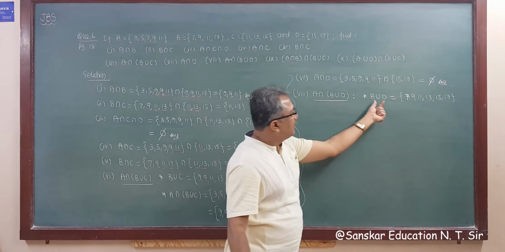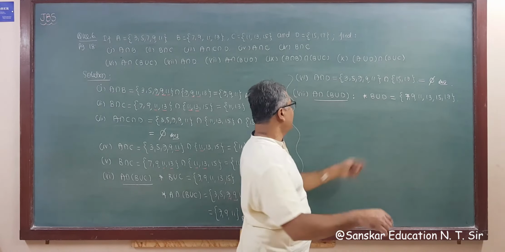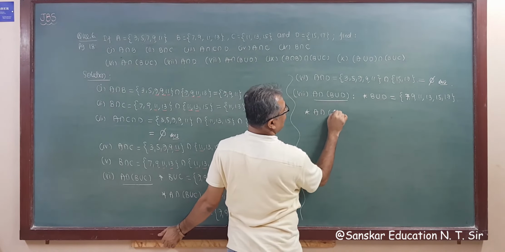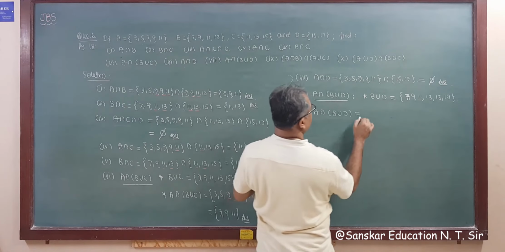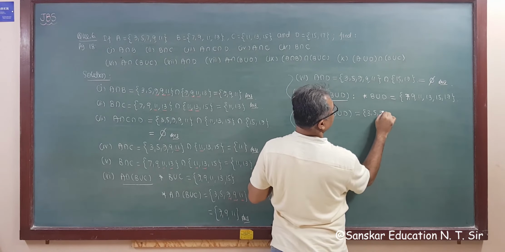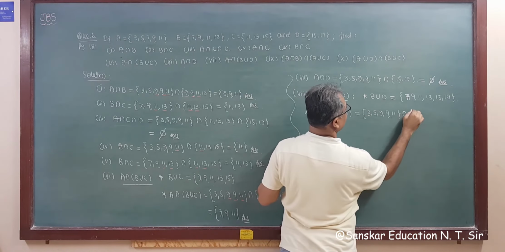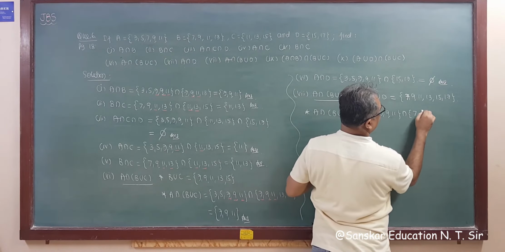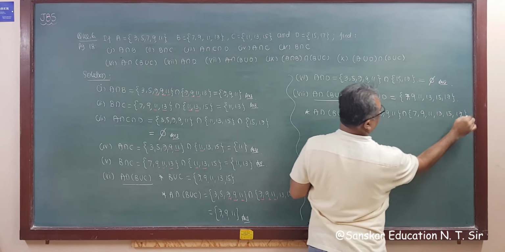Now we have to take the intersection of A with B union D. So A intersection B union D is equal to. Now what is A? 3, 5, 7, 9, 11. And B union D is this: 7, 9, 11, 13, 15 and 17.